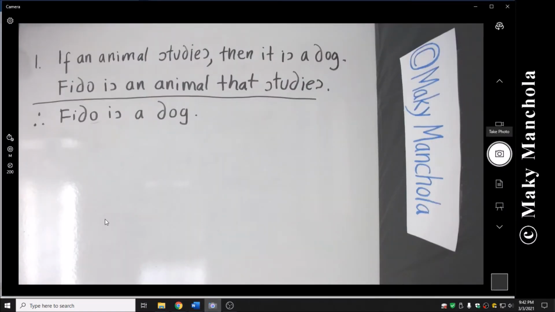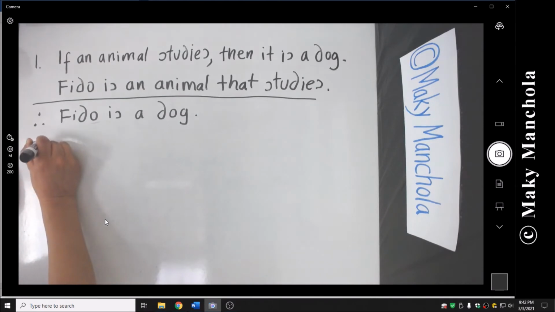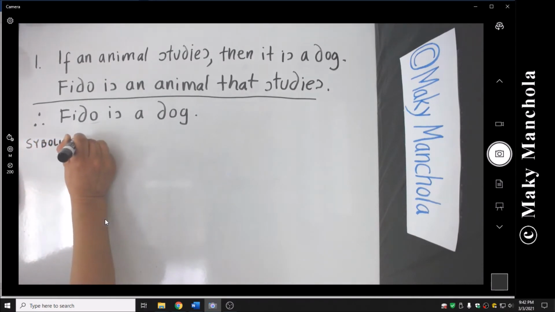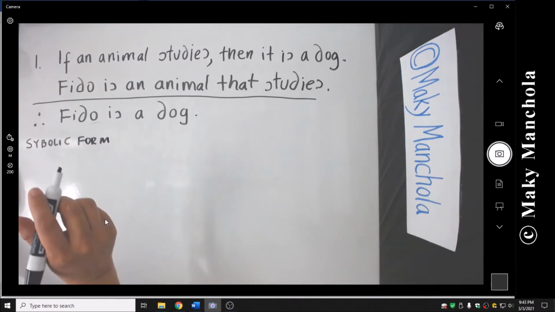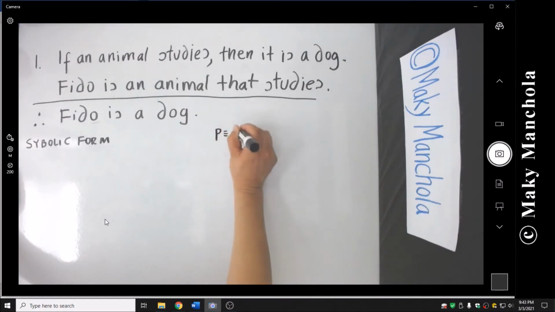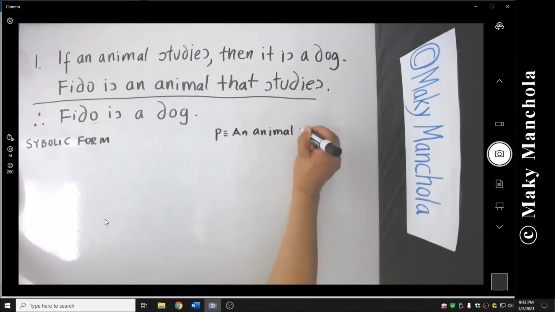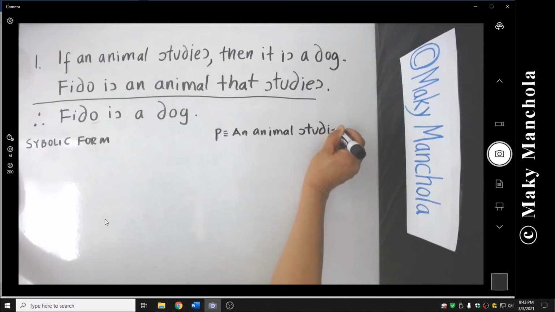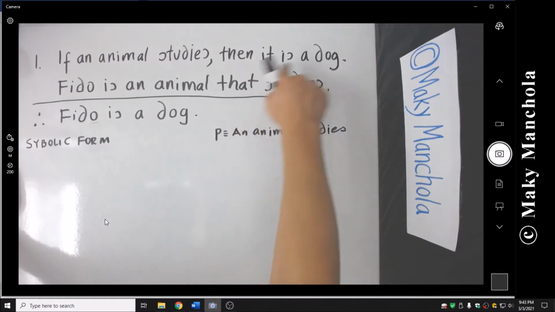First step, convert your argument into symbolic form. Let P be an animal studies. Let Q be an animal is a dog.